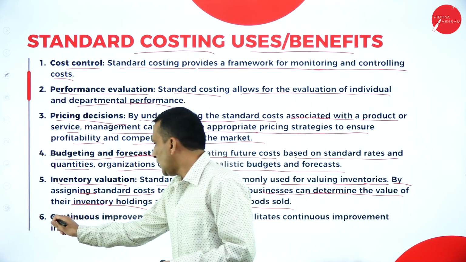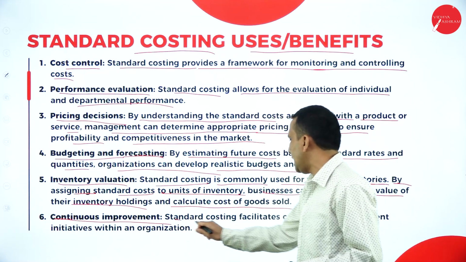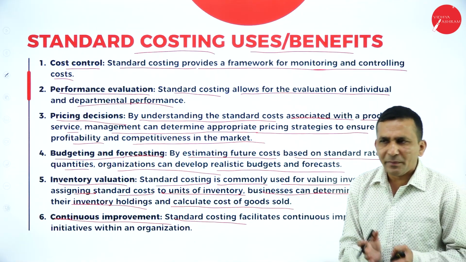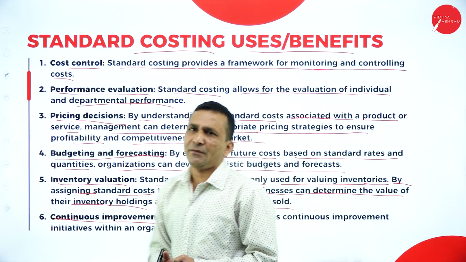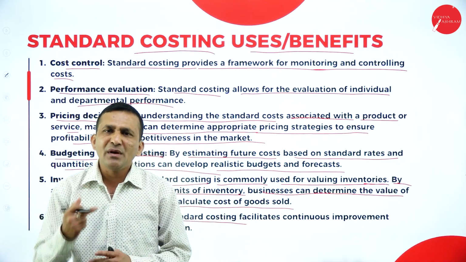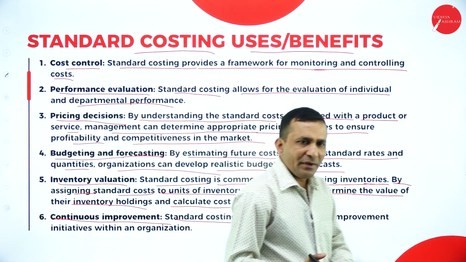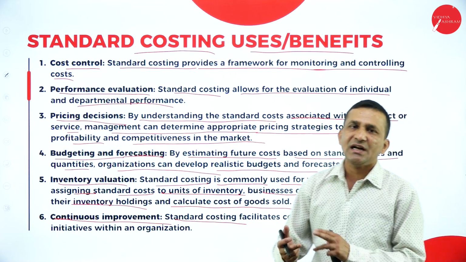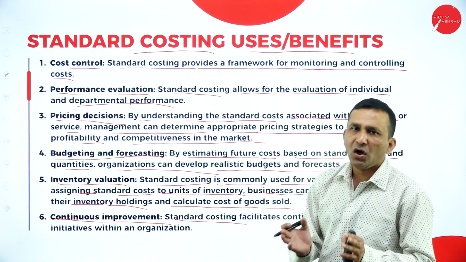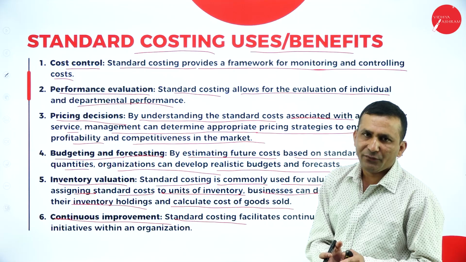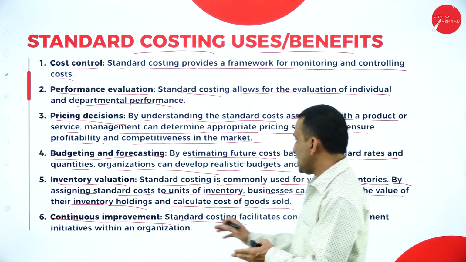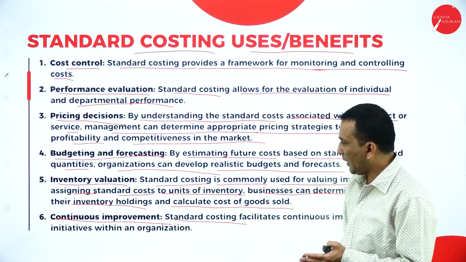And last, continuous improvement. If the standard is set for the first time, it can be revised the next time, so according to the conditions the standard is modified. We are not maintaining one particular standard for a long period, so obviously we need to find the improvement here.